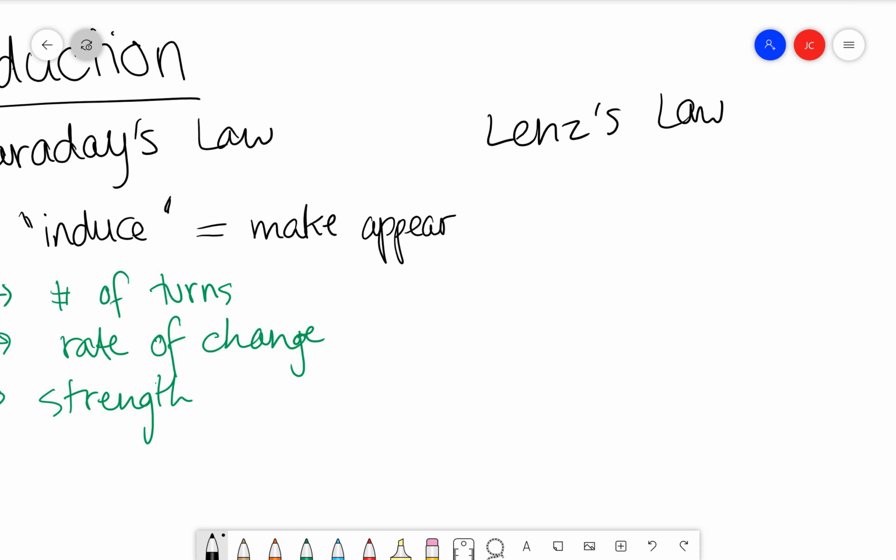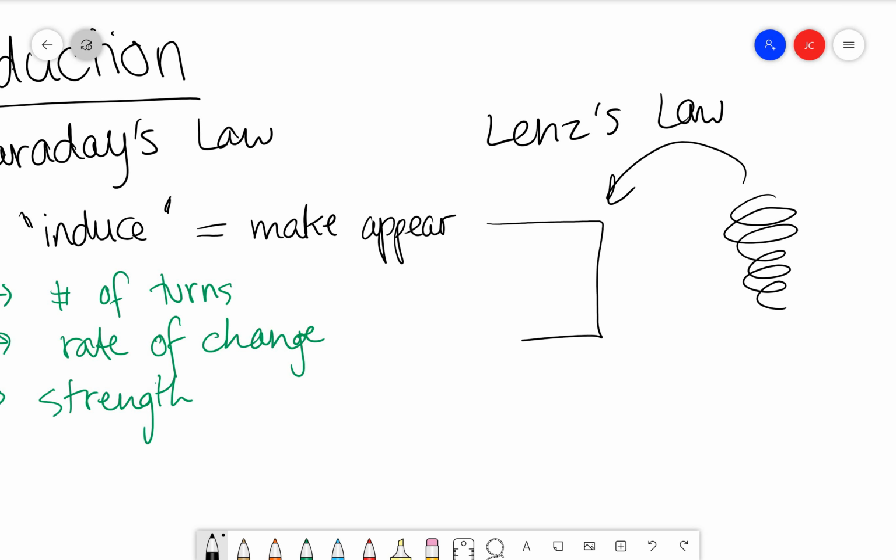Basically, when you use a magnetic field in a certain direction to induce a current, that current will then turn around and create a magnetic field in the exact opposite direction. Basically, you have a coil here. The coil is going to induce a current in this circuit, which has a straight conductor, as an example.